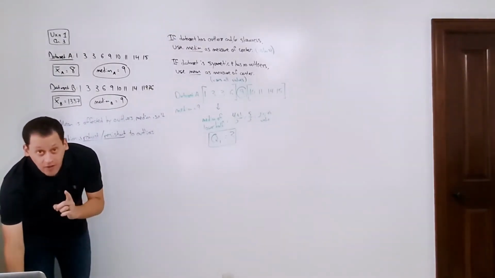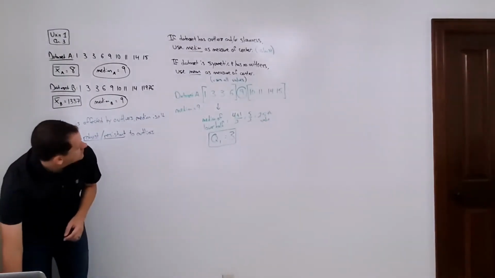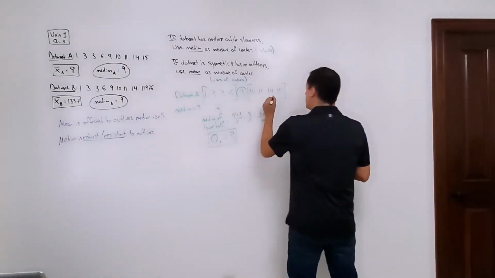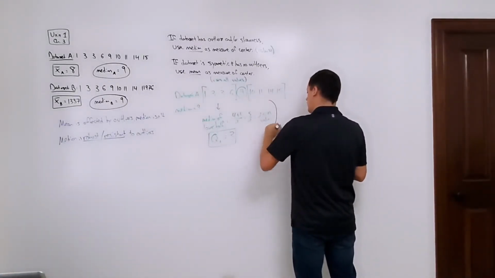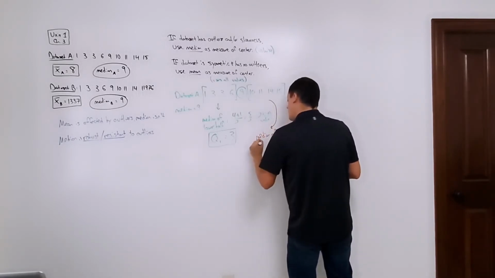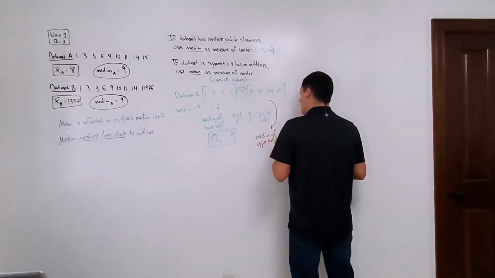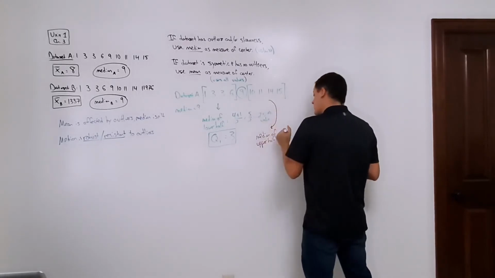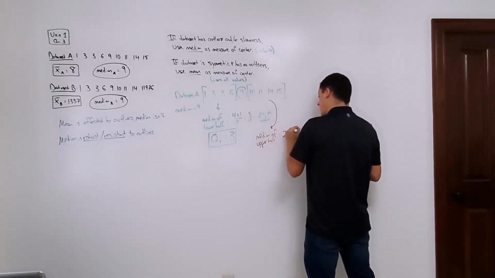And we'll talk about what that means in just a sec, but I want to do the same thing for the other half. So let's take the median of the upper half. Again, there are 4 values here, so it'll be the 2.5th value again.